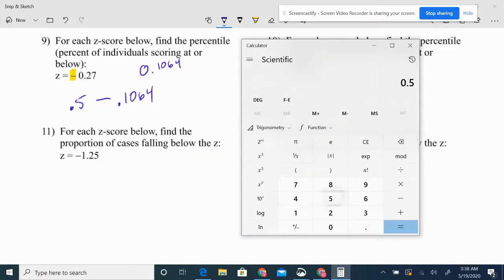All right, let's do that. 0.5 minus 0.1064, and I have 0.3936. That gives me a decimal, 0.3936. Now here, be careful how I ask you guys. If I say give me the percent, move the decimal twice to the right. If I say give me the proportion, keep that decimal as it is. Here I'm asking for the percentile or percent, so make sure you move the decimal twice to the right.